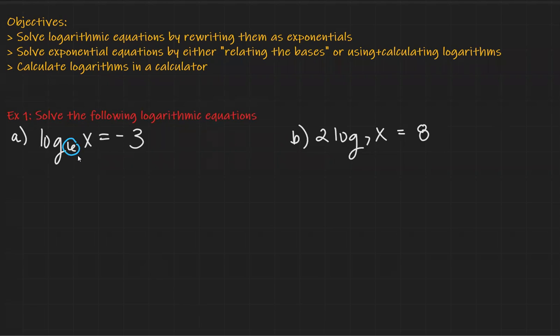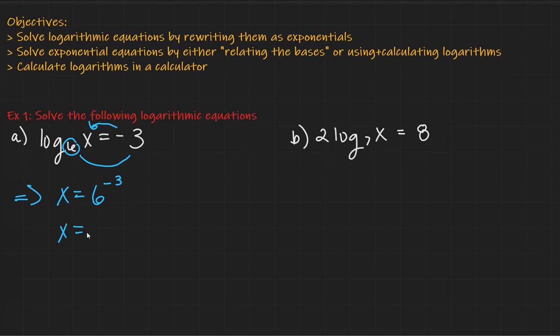So I switch the input and the output. 6 to the negative third power is equal to x. So if I rewrite this as an exponential, I get x is equal to 6 to the negative third power. You pretty much already have your answer, but let's figure out what 6 to the negative third power is.